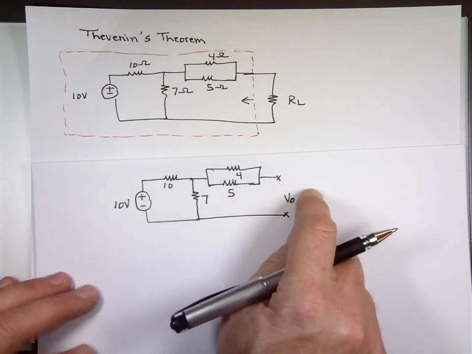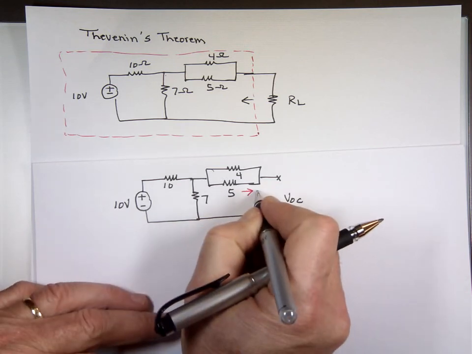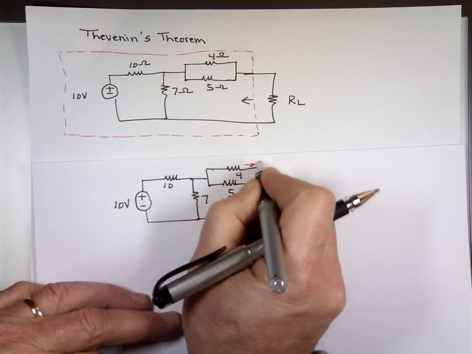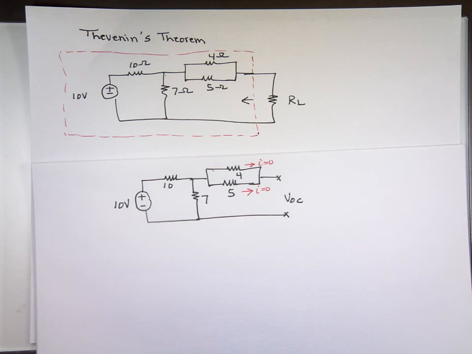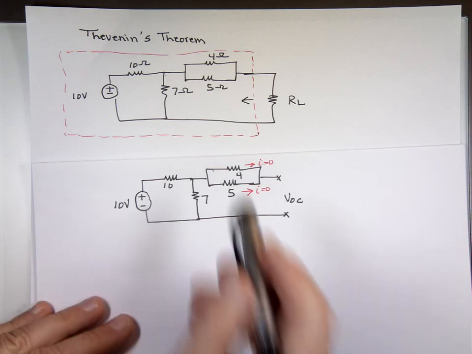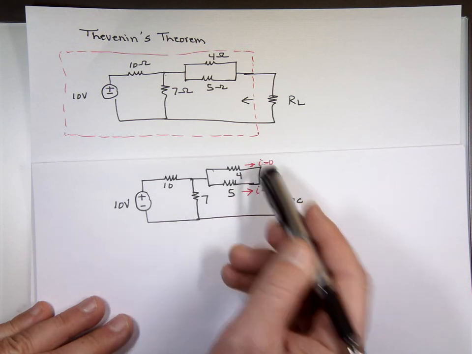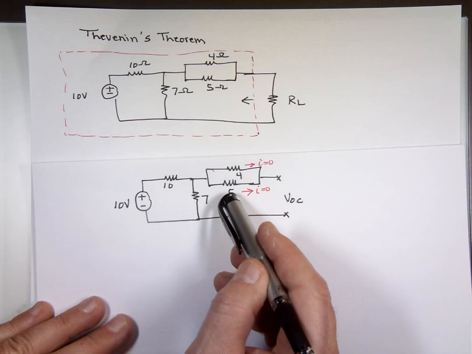Since that's open, that means the current going this way is actually 0, because it's an open circuit right there. If you remember from circuits, the voltage is V equals I times R. So if I is 0, what's 0 times 4? 0. What's 0 times 5? 0.